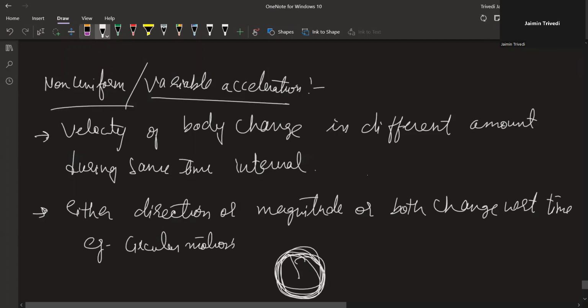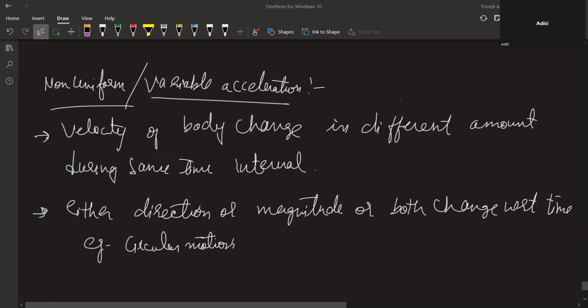Then what will be the previous example? Like the previous case, when there is uniform acceleration.